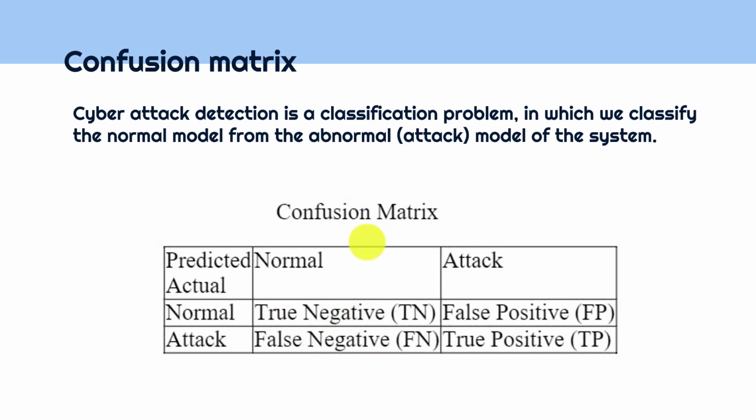In this part, false negative: the amount of normal detected when it is actually attack. In this part, false positive: the amount of attack detected when it is actually normal, false alarm. And the last one, true positive: the amount of attack detected when it is actually an attack.